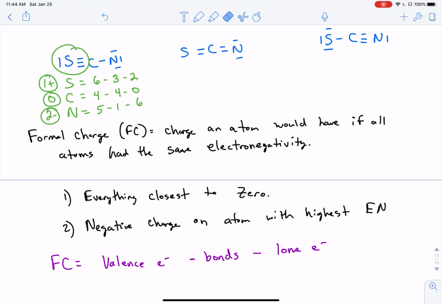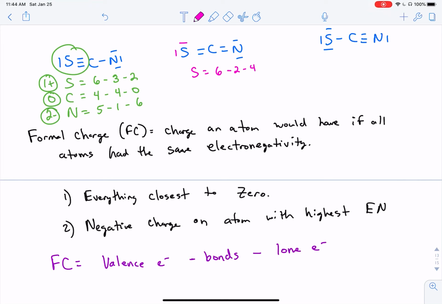Does everyone see how I calculated this here? The overall formal charges should add up to the overall charge. And it is a -1 charge, so your formal charges are correct. Okay, the middle one. S is 6. Oh, sorry, I didn't draw all the lone pairs. So S is 6 minus 2 minus 4.